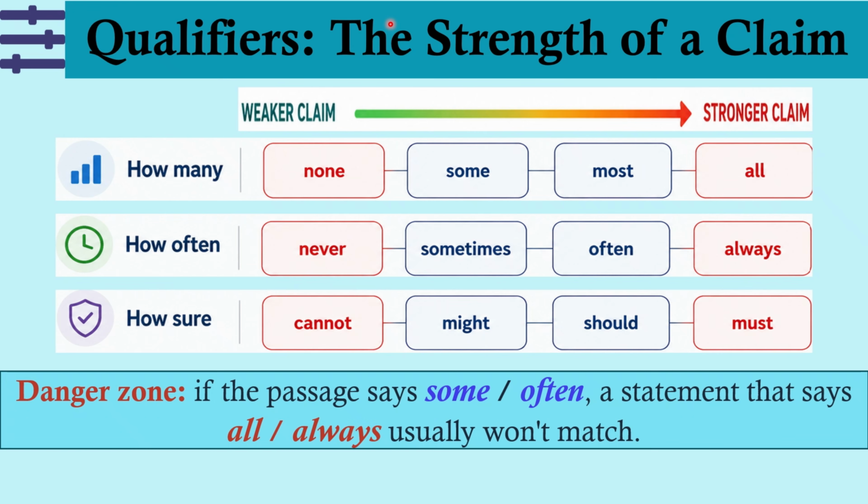The extremes, words like all, every, only, never, and always are your danger zone. If the passage only says something happens sometimes or often, a question statement that claims it happens always is a mismatch that usually results in a false or no answer, or sometimes a not given answer. A statement often becomes incorrect when a weaker claim in the passage is turned into a stronger one.